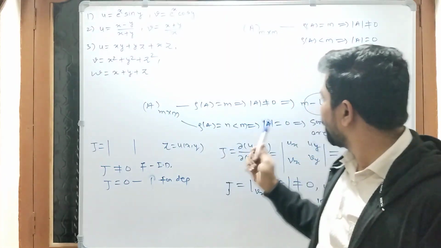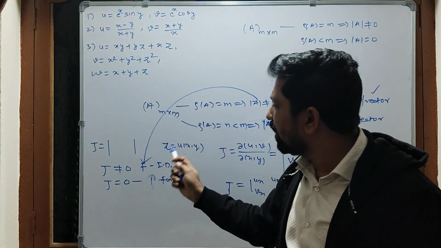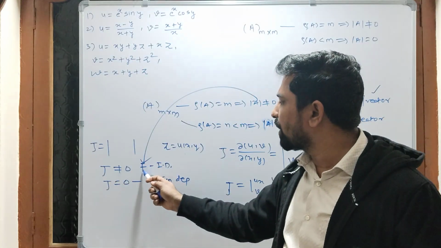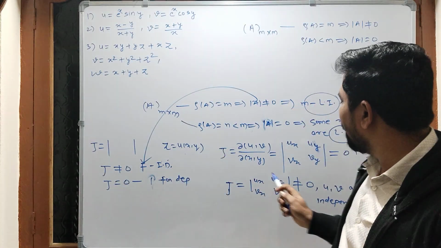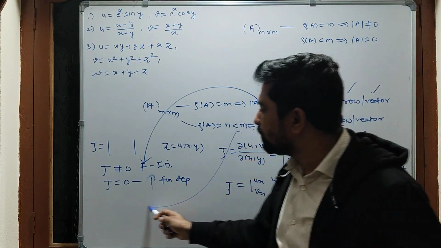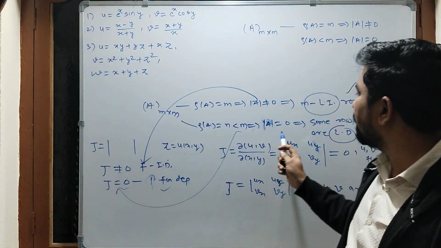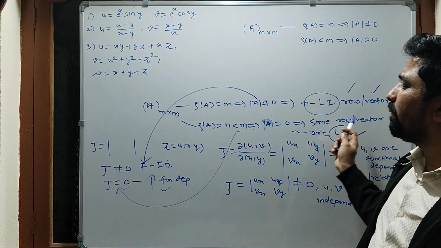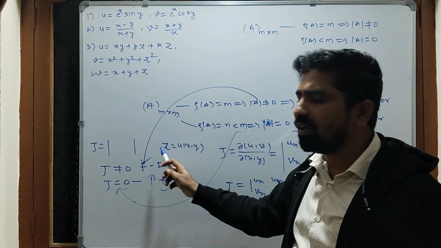In the same way, this is related to this. If the Jacobian is non-zero, the function is functionally independent. If the Jacobian is 0, that is, the determinant is 0, at that time your function is functionally dependent. Linearly dependent corresponds to functionally dependent, and linearly independent corresponds to functionally independent.